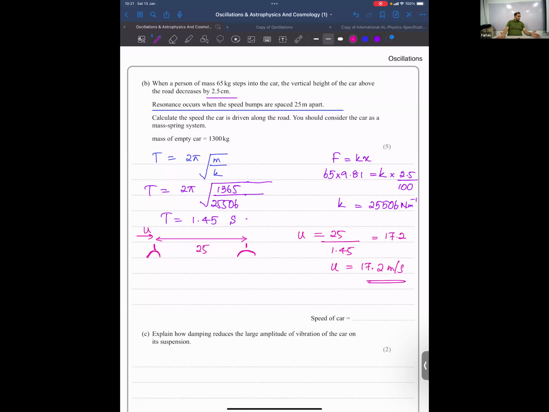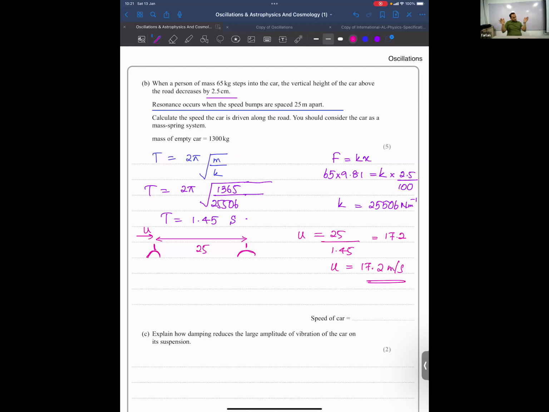That's where the resonance happens. Now, the spring system gets a jerk, a hit, when it is passing over the bump. So it is getting forced vibration when it is passing over the bump.